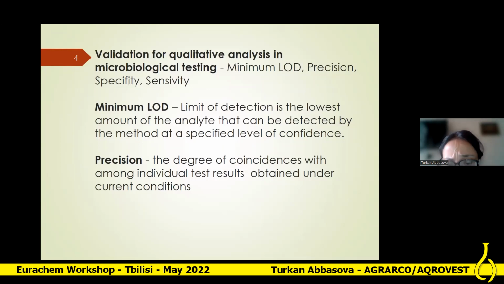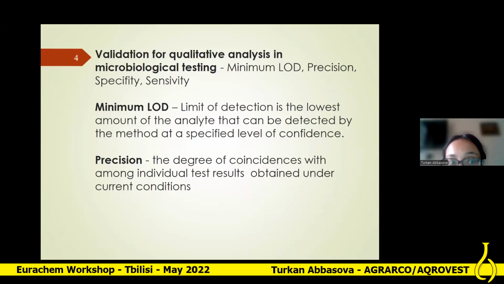Some of the participants may know that, for microbiological qualitative analysis, for example the determination of Salmonella in food products, the target of the laboratory is to detect at least one colony forming unit of Salmonella in a sample. It is the sensitivity of the method, the sensitivity of the laboratory.